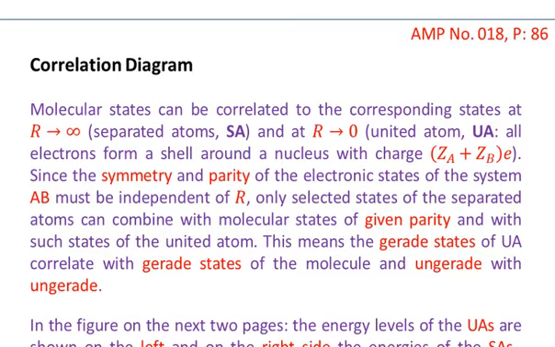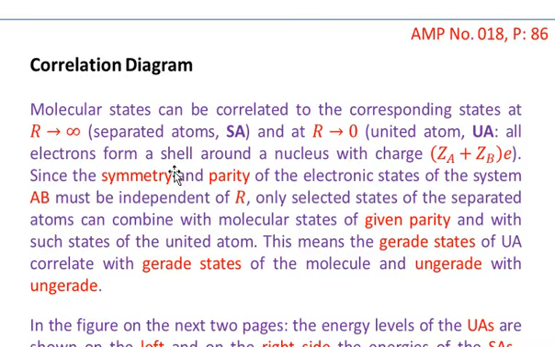Now the correlation diagram. Molecular states can be correlated to the corresponding states at r goes to infinity, that is, when the atoms are separated, or which we call SA, separated atoms. Or at r goes to 0, that is, when the atoms are united.